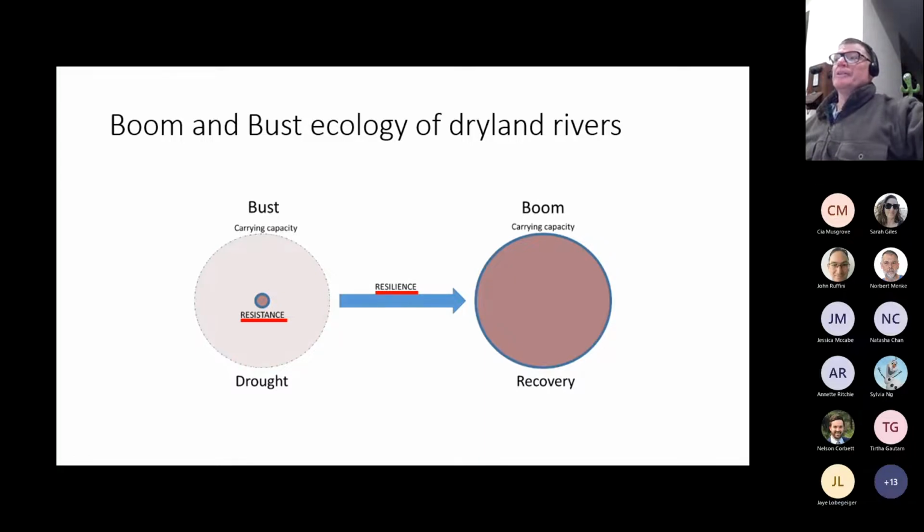So the boom is when the carrying capacity increases back to a large number, possibly to the full extent of the system's ability to support them, and this is the recovery. So these systems go through repeated and constant cycling between these phases of drought and resistance, and then resilience and recovery.